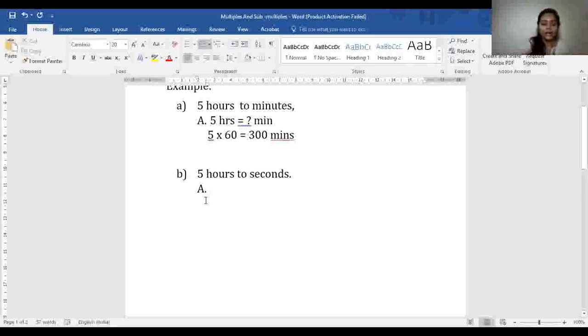So here again, I am going to multiply it with 60. We already discussed why 60, because 60 minutes is equal to 1 hour. As I multiply, I get the answer as 300 minutes, which we have already solved in the earlier question. Now the next step is to change it into seconds. So what is the minute data that I have got? 300.